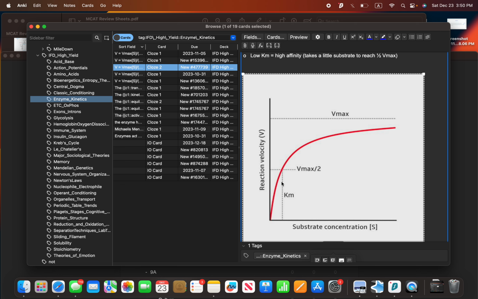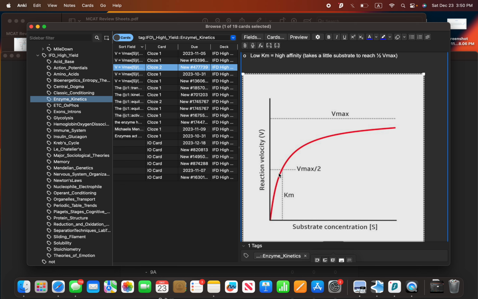Now, if you have a higher affinity, you would reach Vmax faster. So you would achieve it at a lower substrate concentration. The less substrate concentration means that you just needed less substrate to reach half of the Vmax. It means that the enzyme is very affectionate. The affinity of the enzyme is very high.